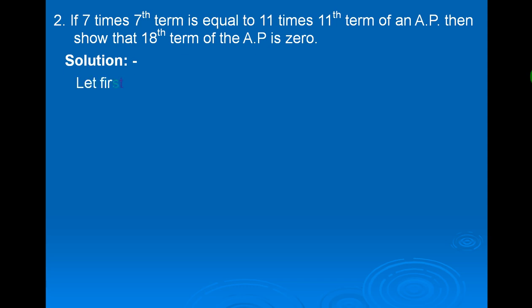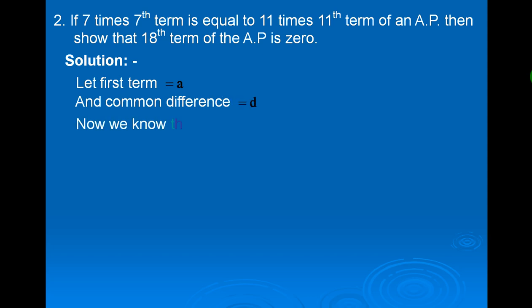Now solution: let the first term be A and common difference be D. Now we know that Tn is equal to A plus (n minus 1) into D, that is, nth term is equal to A plus (n minus 1) within the bracket into D. Put this equation number 1.